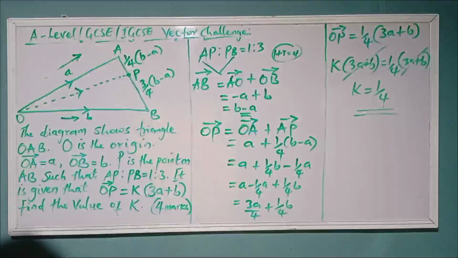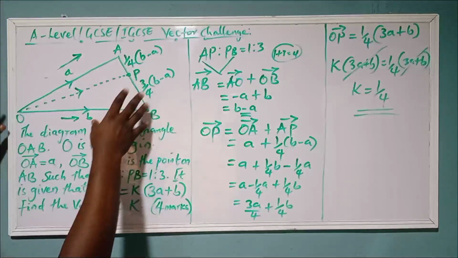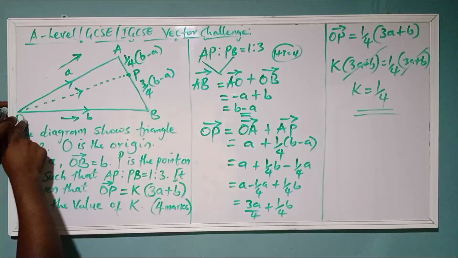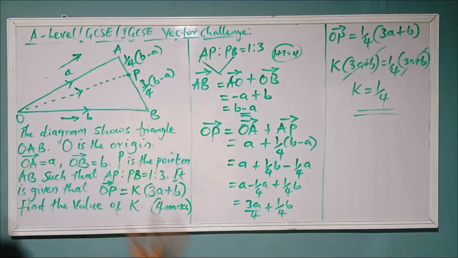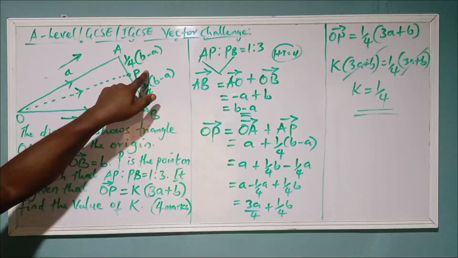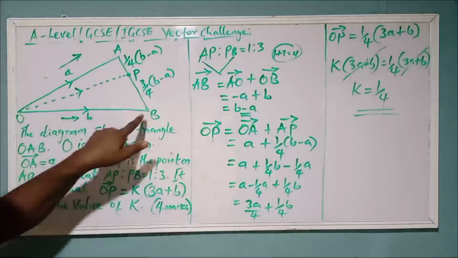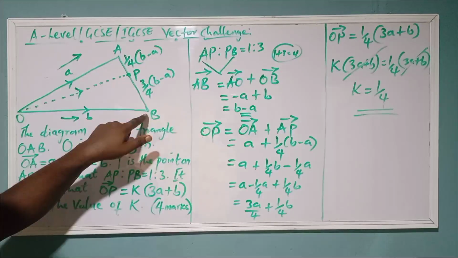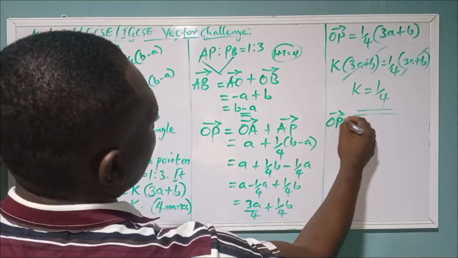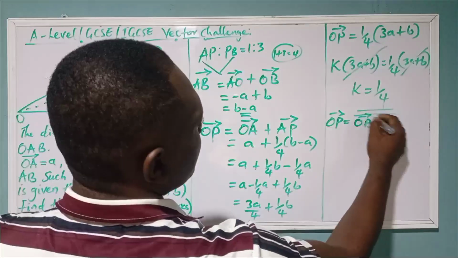Now, I told you that you can also use this other movement to get to OP. If you want to get to OP, you can also start from O to B, then to P. If you do that one, you still have the same answer. So let's try it and see. OP can also be OB plus BP.